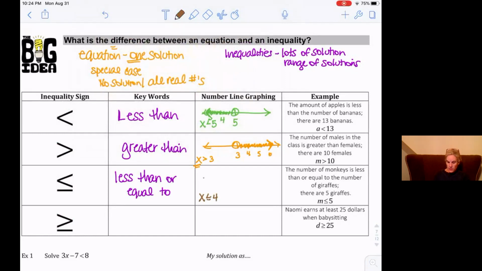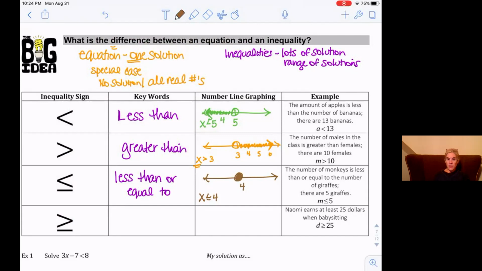What we would do is take our number line and make sure 4 is on there. But this time, instead of using an open circle, we want to fill it in because it says less than or equal to. To show that the equal to portion is there, you would fill that in.